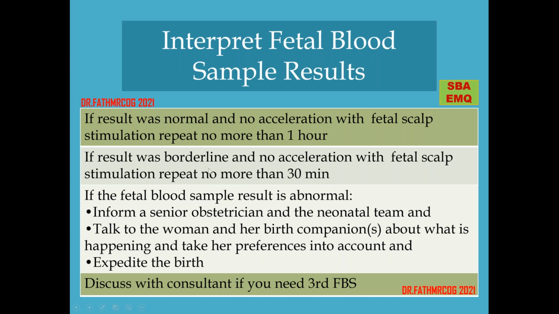If borderline, we repeat after 30 minutes; if the result is normal, after 1 hour. So this is the difference between normal pH with no acceleration, and borderline fetal blood sampling, where we repeat after 30 minutes.